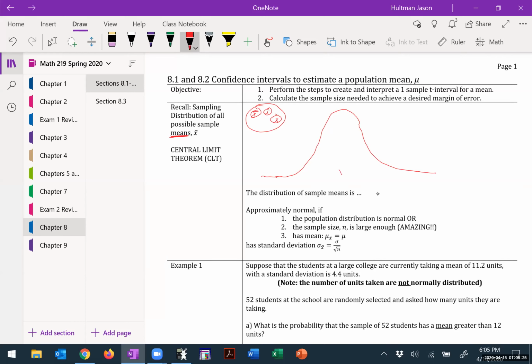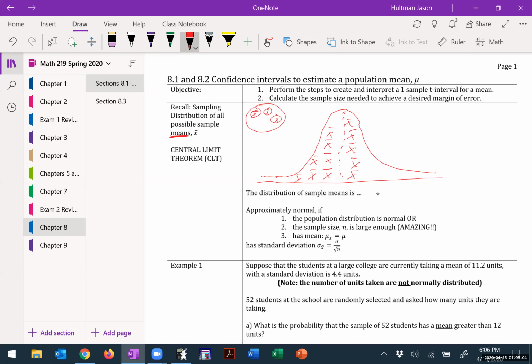Okay, so you would get X bar here, X bar here, X bar here. This would be the middle. This is called the central limit theorem, saying that as we get more and more samples, they will become a normal distribution. X bar, X bar, X bar: that's a sample mean, that's a sample mean.